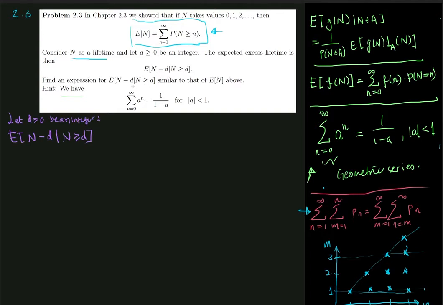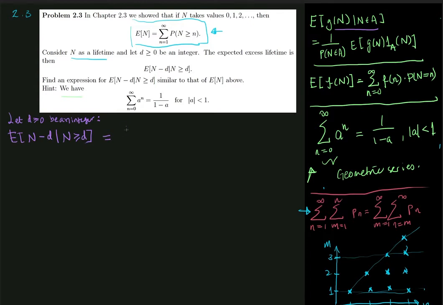In this course, it depends on how much you want to go into details, but you can write this if you want. It's also okay if you don't. So we want to find the expected value of n minus d given that n is greater than or equal to d. For that, we use the definition of conditional expected value.